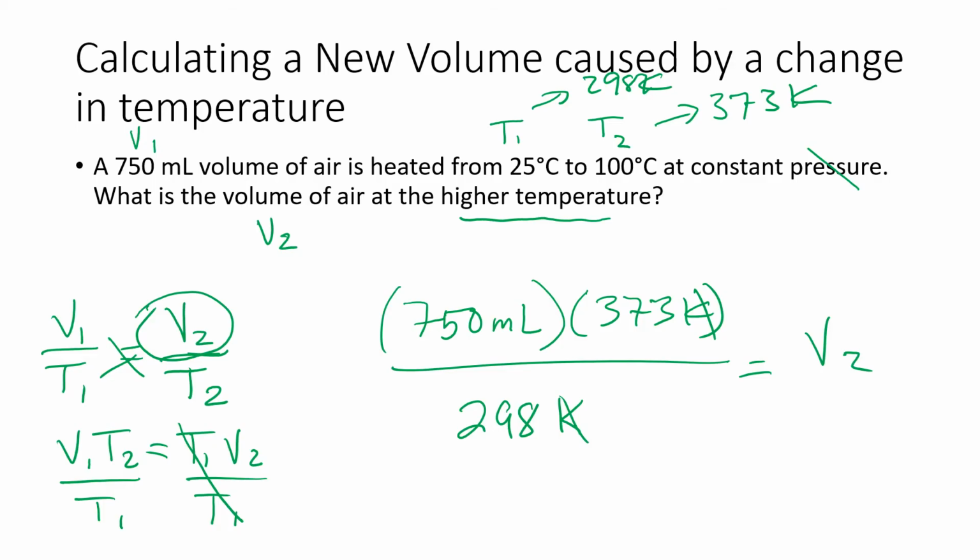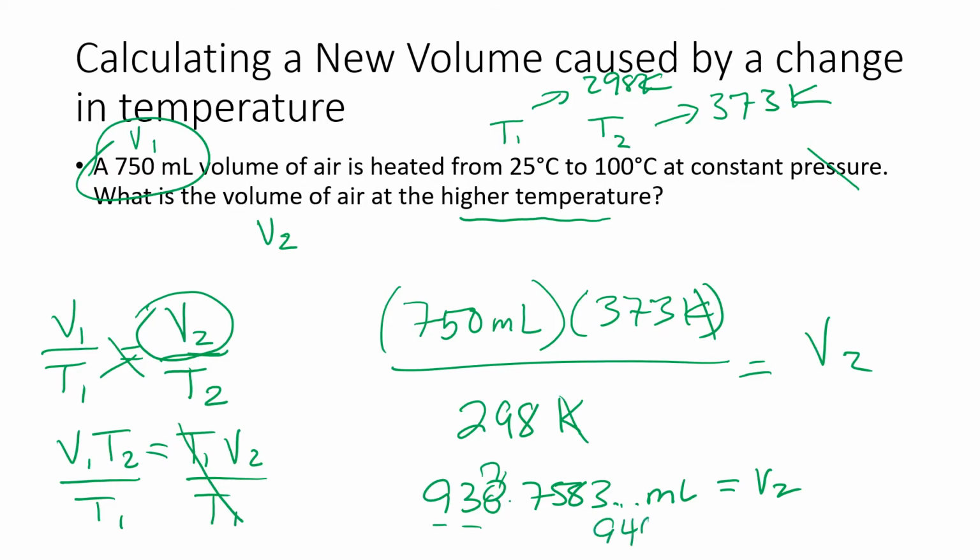I end up with 938.7583... milliliters as my V2. So looking at this, I want my sig figs. Let's just base it on the volume. So it's going to be 940 mL.